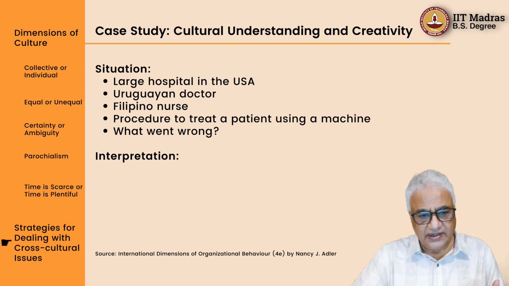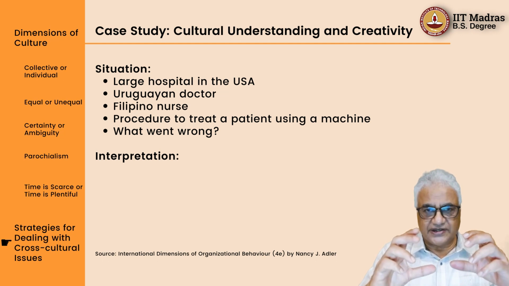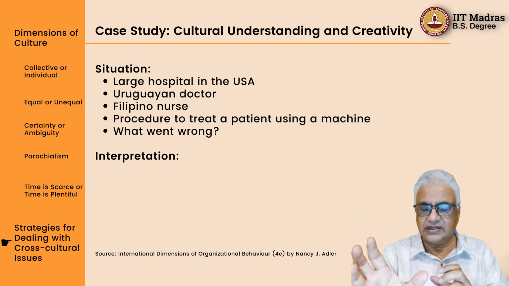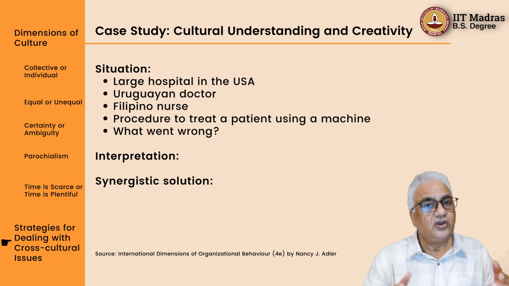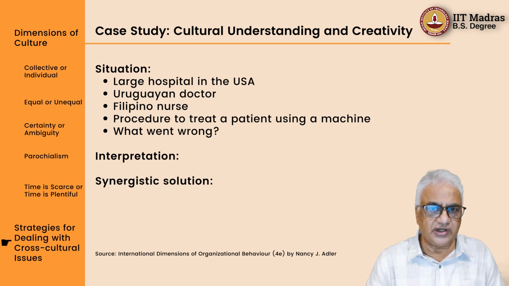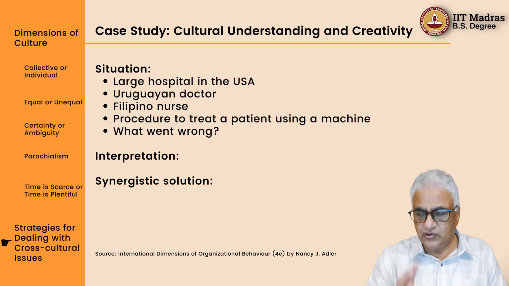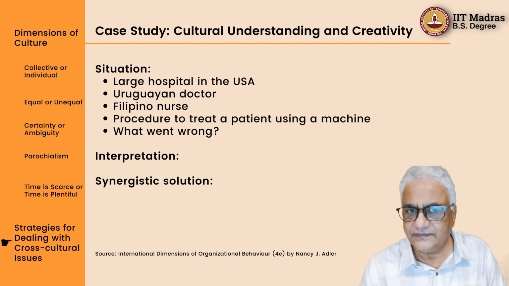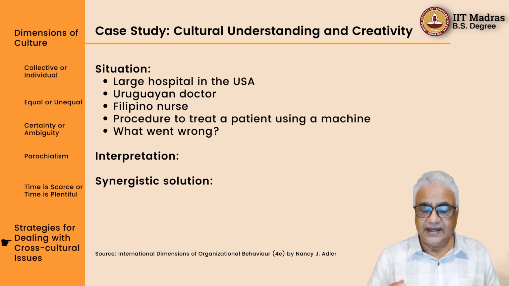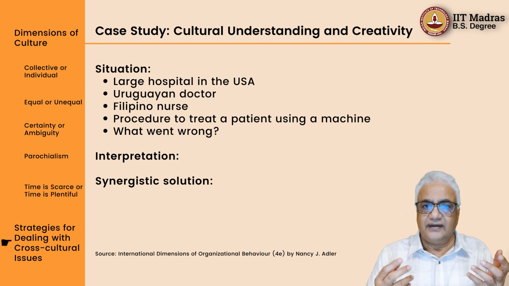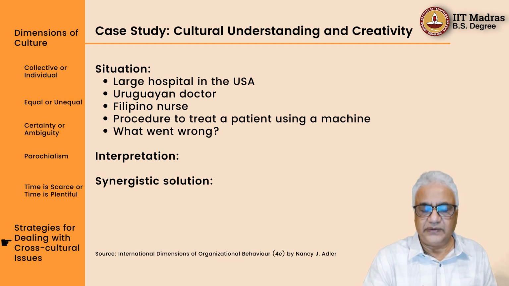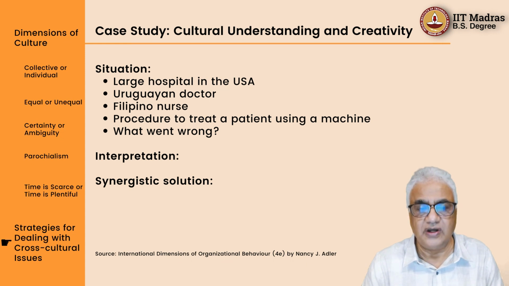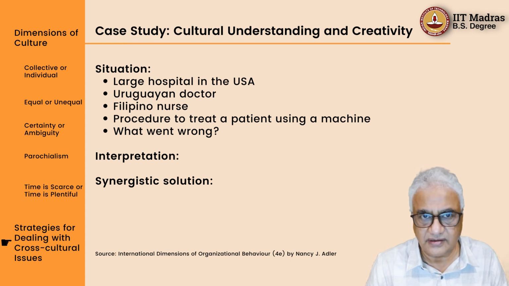So what is the interpretation? One culture which is equal clashes with another culture that is unequal. So what is the solution according to you? The synergistic solution. Anyone guessing? The solution is that the Uruguayan doctor tells the Filipino nurse, it's okay for you to ask for doubts.